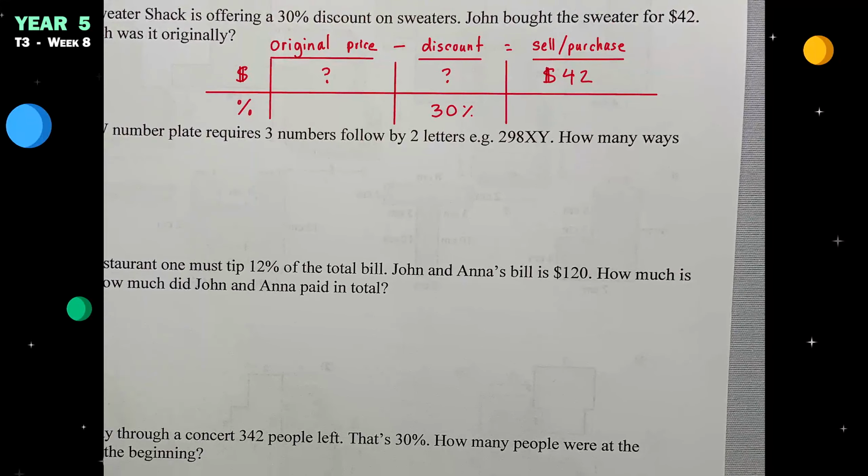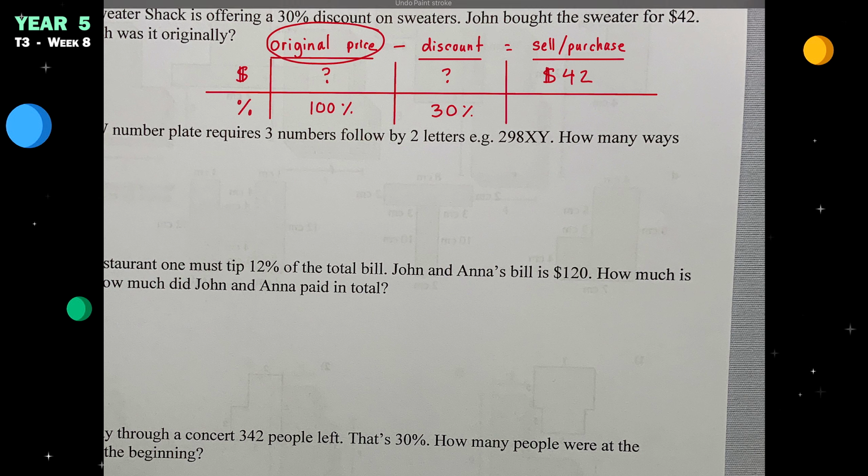Okay, so we don't know the original price, but we do know that the original price is always 100%. In the beginning we have the whole amount, so we have all of it, which means we have 100%. We don't know the sale price percentage, but we can work it out because it's the original price minus the discount.